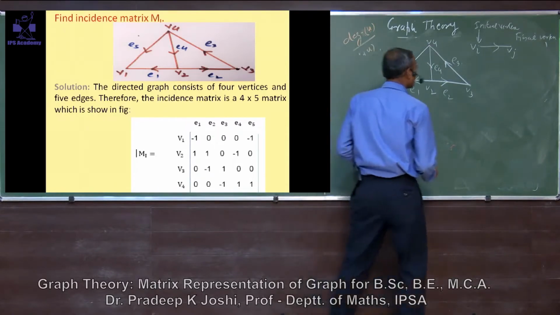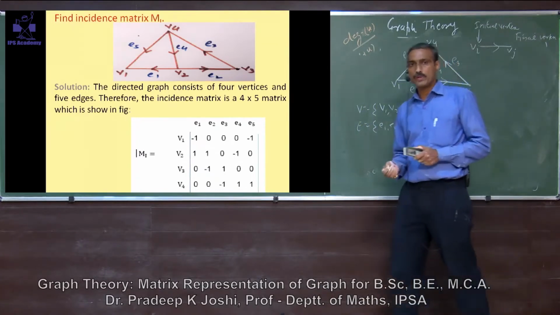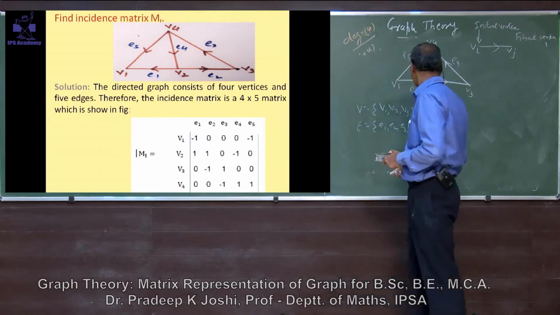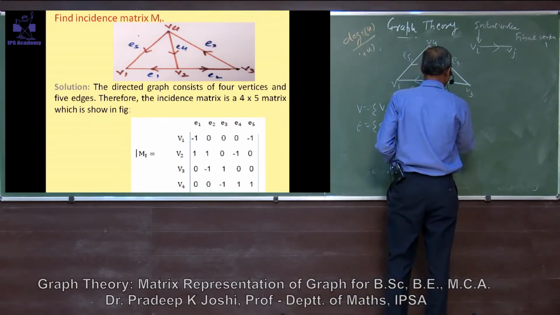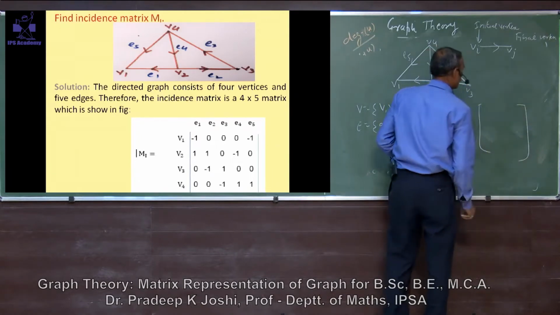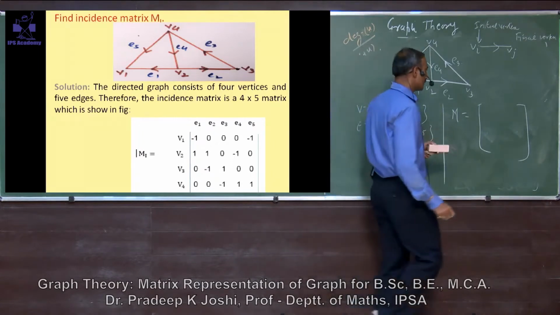Then the order of the matrix will be 4 by 5. n is 4, m is 5. Now we define a matrix M, where rows represent vertices and columns represent edges.